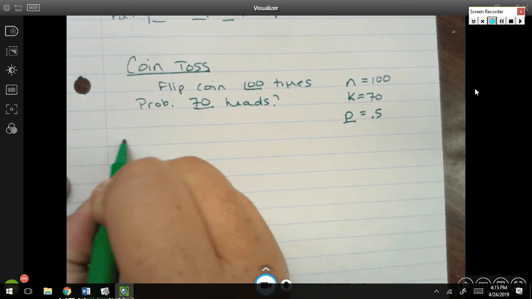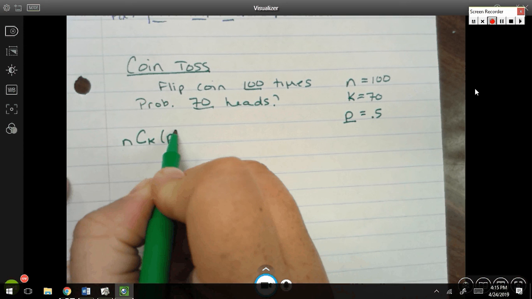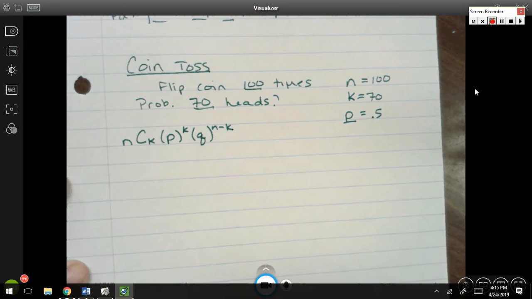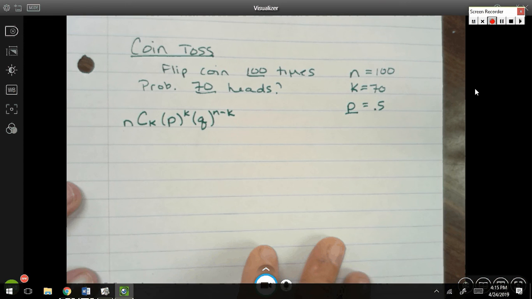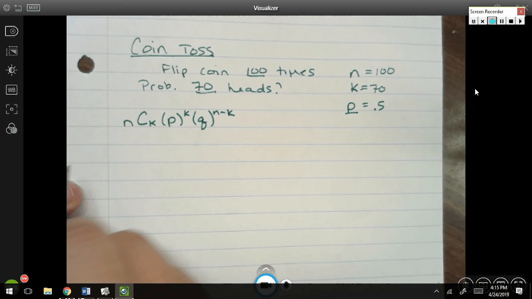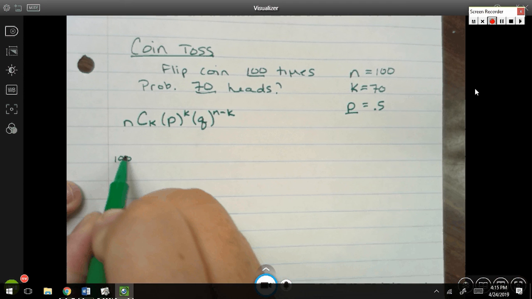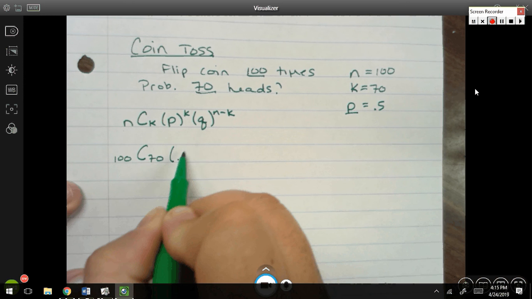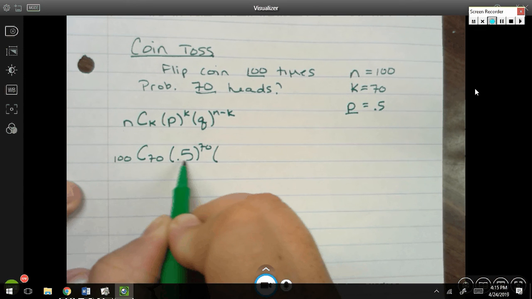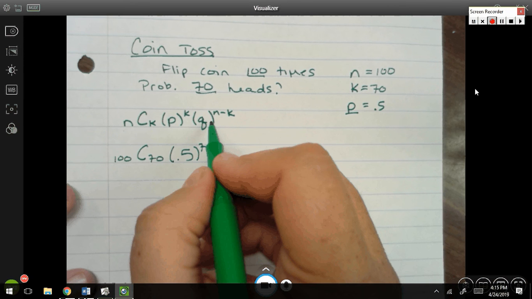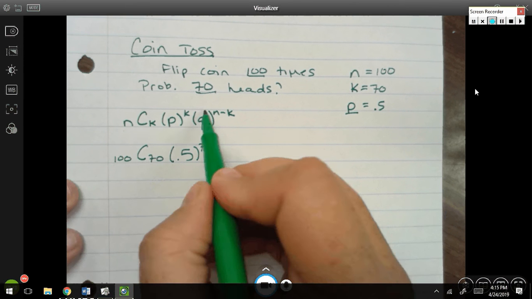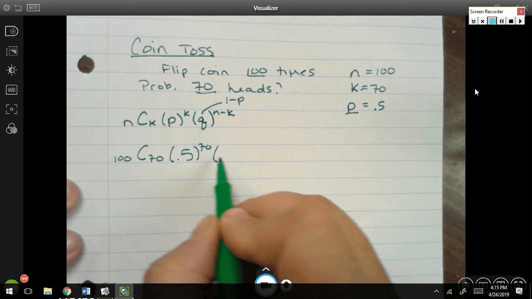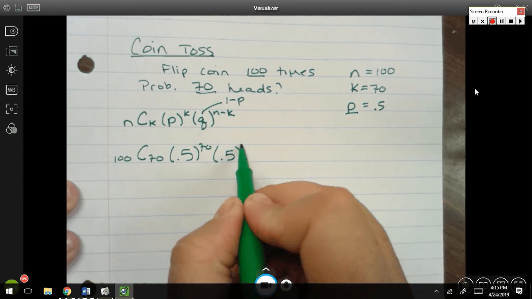Remember, n choose k, p to the k, q to the n minus k. All right, so I have 100 choose 70, 0.5 to the 70. Q, I put Q, I'm sorry, I'm so used to doing this in problem stats. Q is 1 minus p, that's the same thing. 0.5, and then leftover is 30.